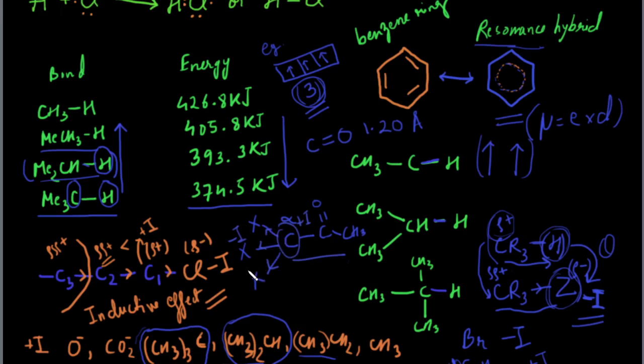The larger the number of halogen atoms on the alpha carbon, the stronger is the inductive effect, and consequently, the stronger is the acid.